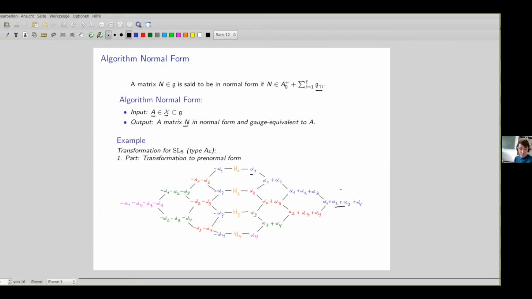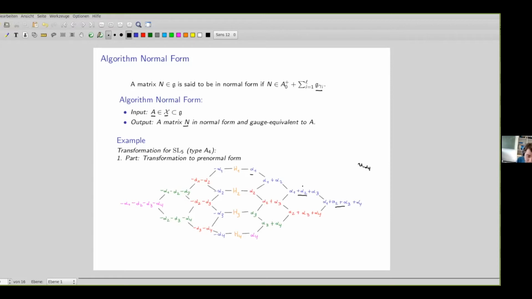Okay, so how does this work? In the first step, we gauge transform by a root group element corresponding to the root minus alpha 4. Here the black lines indicate that you have to add or subtract a simple root to get to the next root. So here you have to subtract the simple root alpha 4 to get to this blue root. So we gauge transform with this root group element, and we get a linear equation in this root space which we can solve.